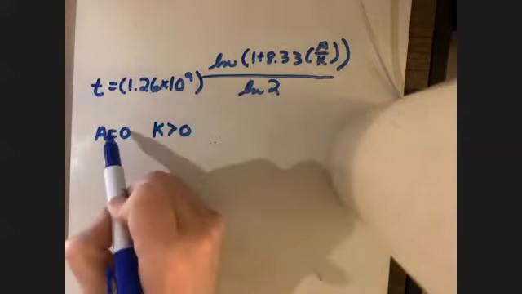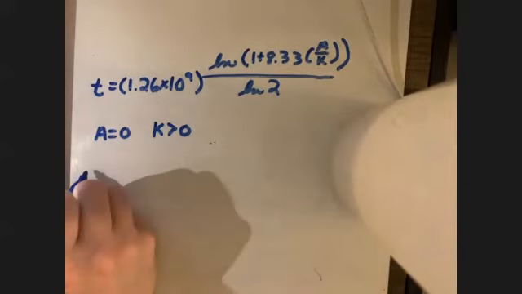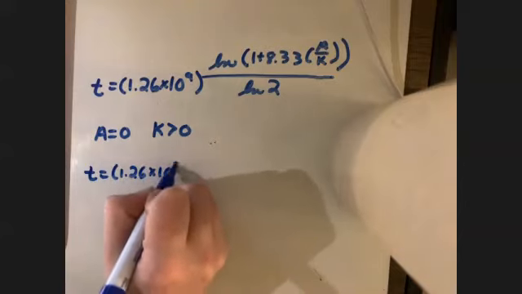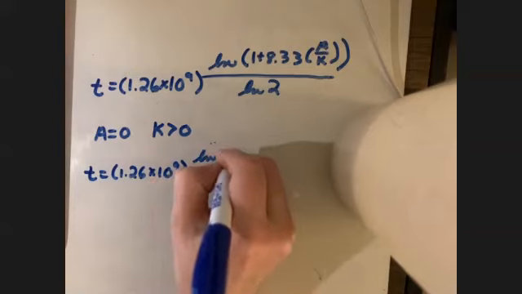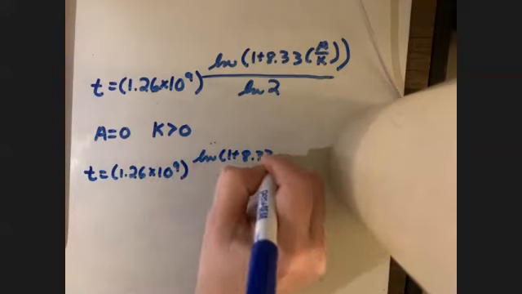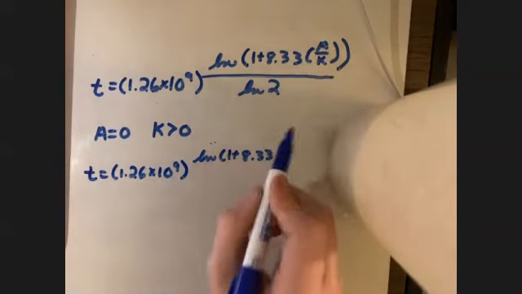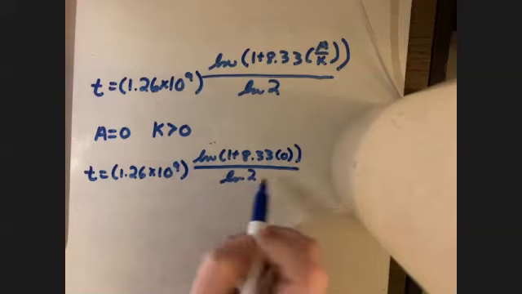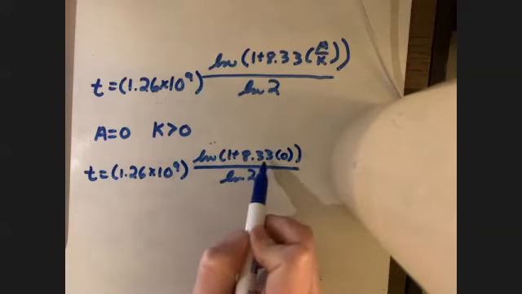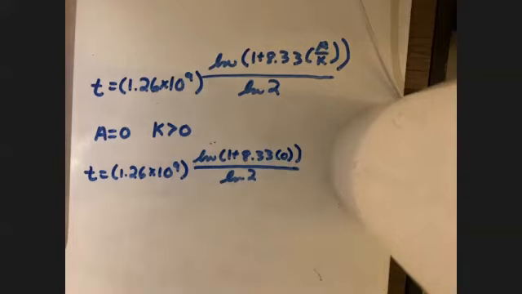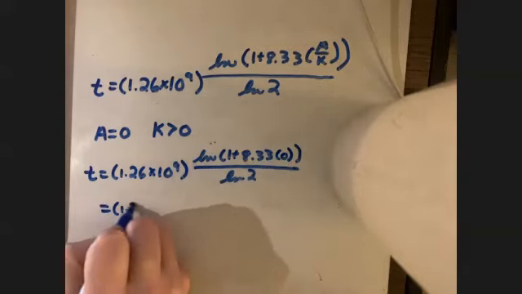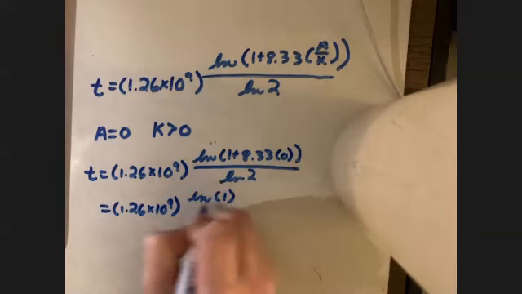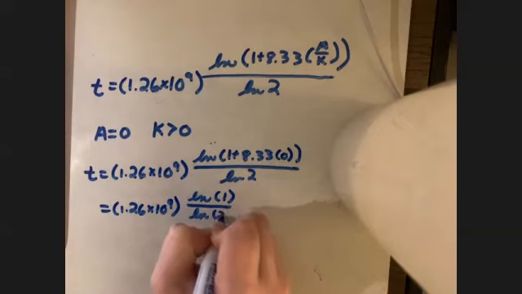Now what's going to happen here, y'all, is if we plug in 0 into this thing, 0 over K is just going to be 0. 8.33 times 0 is going to be 0. Natural log of 1 over natural log of 2.